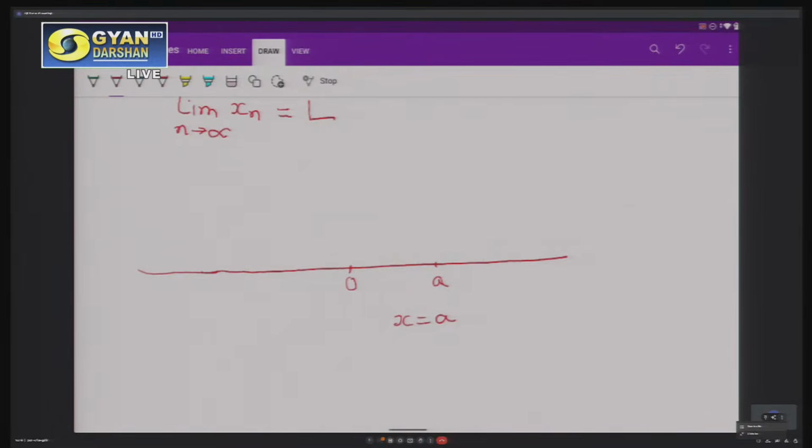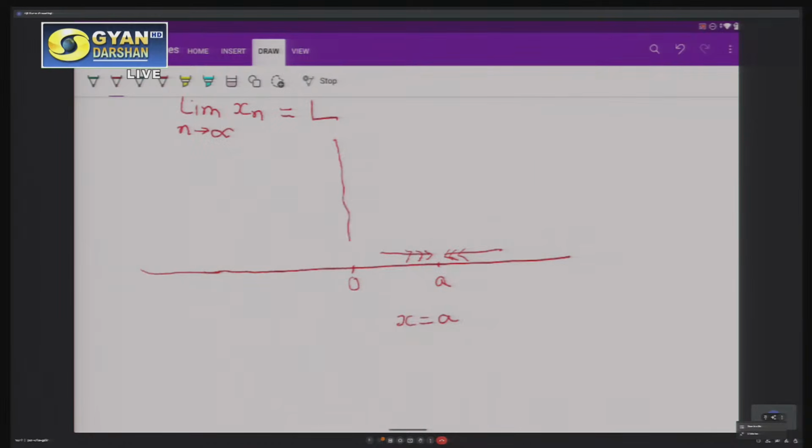Left hand limit means that we can approach a either from left or from right.